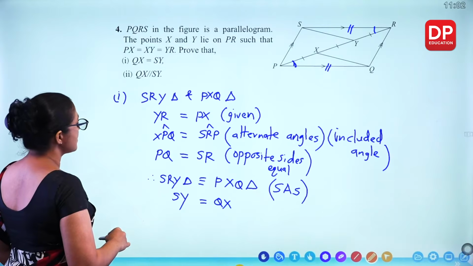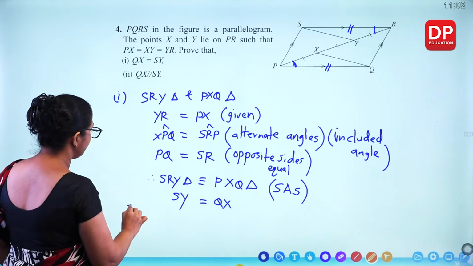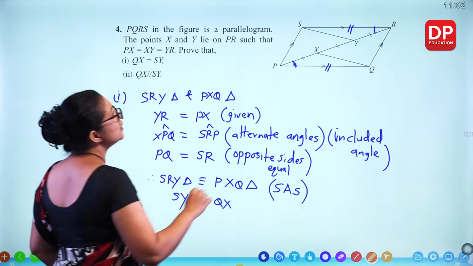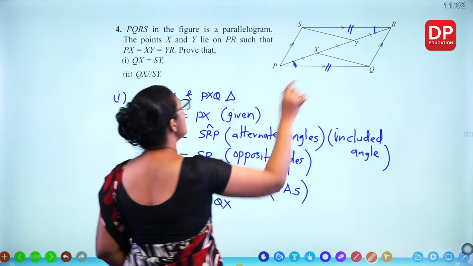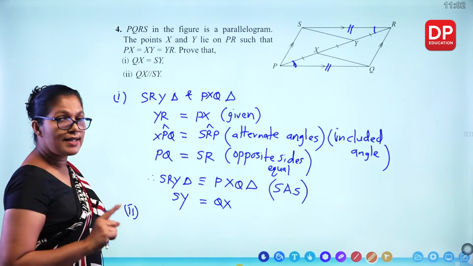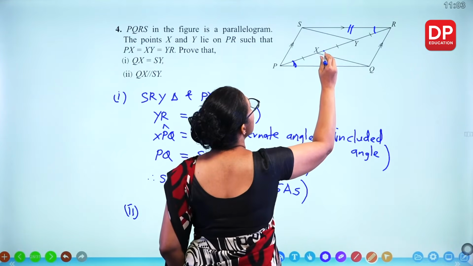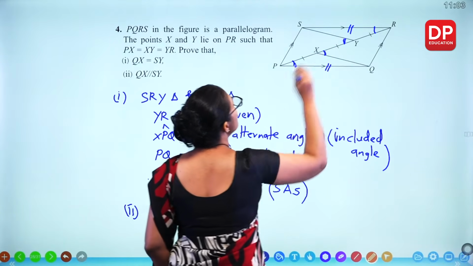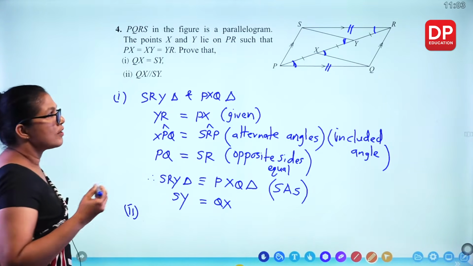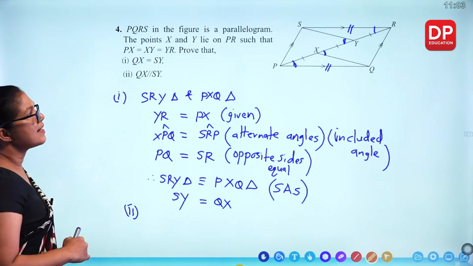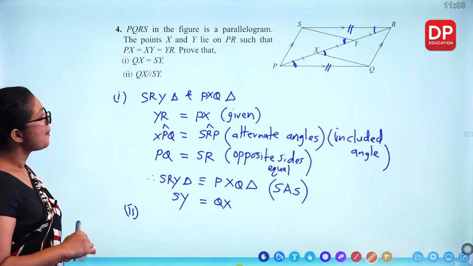That's the first part. Second one, it says QX parallel to SY. To show that these two are parallel, I need to show that this angle is equal to this angle. If alternate angles are equal, then I can say QX and SY are parallel.